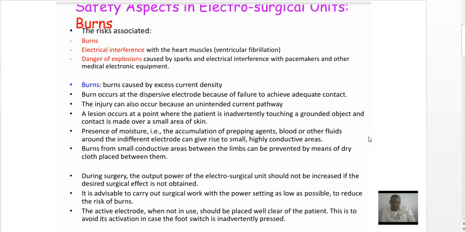Burns from small conductive areas between the limbs can be prevented by means of a dry cloth placed between them.